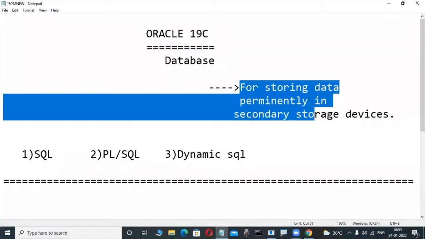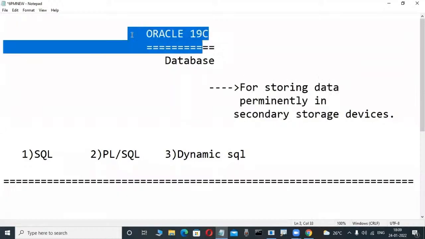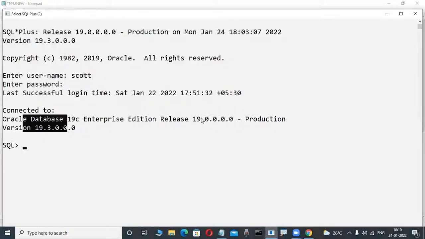It is for storing data permanently in a hard disk. But these types of databases, Oracle, SQL Server, DB2, MySQL, Teradata, are all databases from different companies. But these databases are implemented based on the relational data model concept. Don't worry, today I am telling that. That's why these databases only store a structured collection of data.